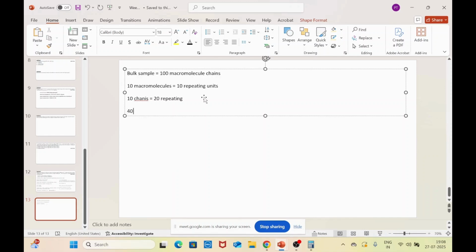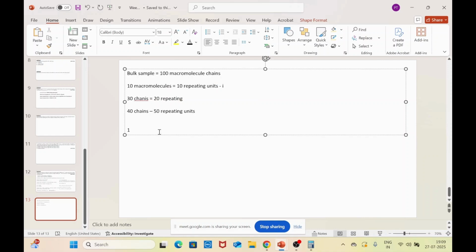Let's say another 40 chains have 30 repeating units. So like this it will go for the others. This 10 repeating units represents the i. This is i. And let's keep this as 50, so that it will be easy.